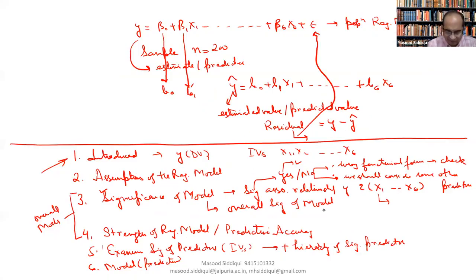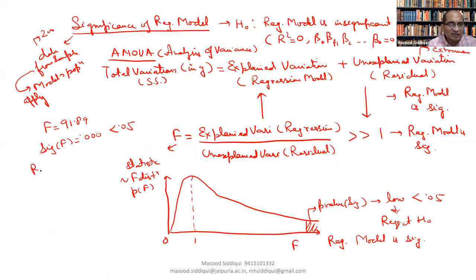This is less than 0.05. So we would reject H naught. So we can say that our proposed regression model is significant. Now you can make some practical explanation of this result, that the regression model is significant.